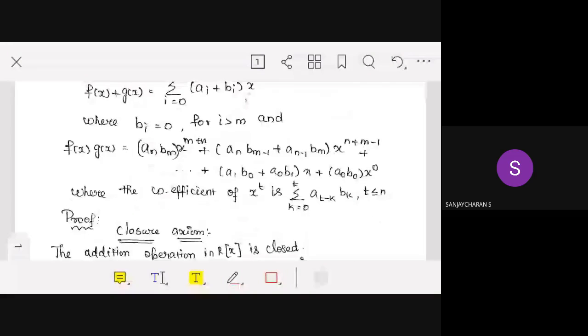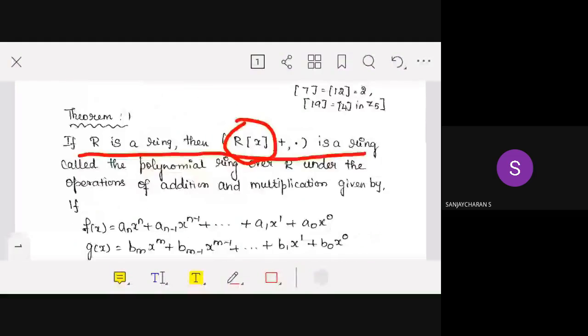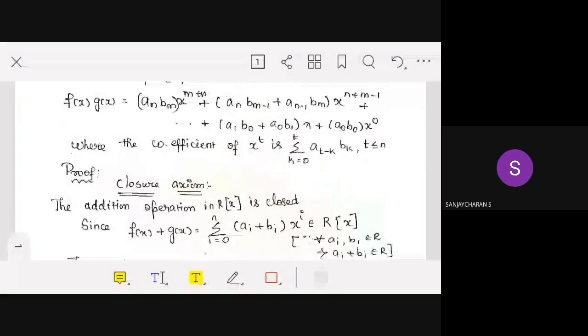And the multiplication, f of x into g of x, using this formula, gives the coefficient of x power t. The statement is that we take two polynomials, both with coefficients belonging to the ring. We are going to prove that R of x is also a polynomial ring under addition and multiplication.